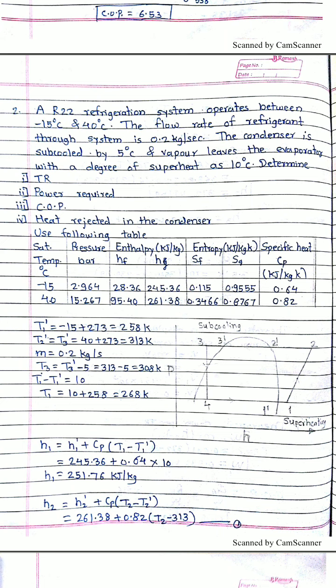The mass flow rate of refrigerant through the system is 0.2 kg per second. The condenser is subcooled by 5 degrees Celsius and the vapor leaves the evaporator with a degree of superheat of 10 degrees Celsius. Determine tons of refrigeration, power required, COP and heat rejected in the condenser.